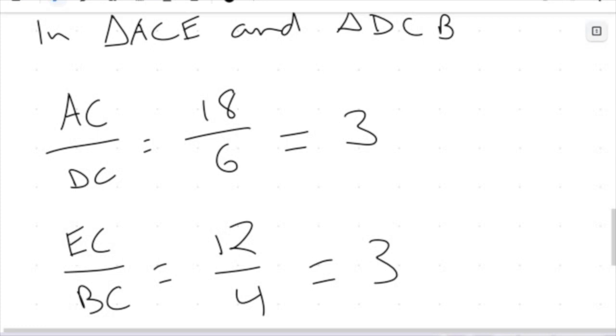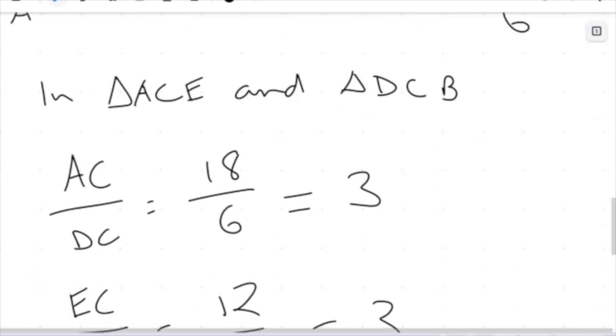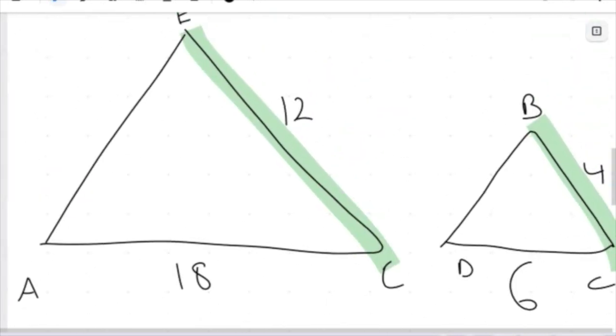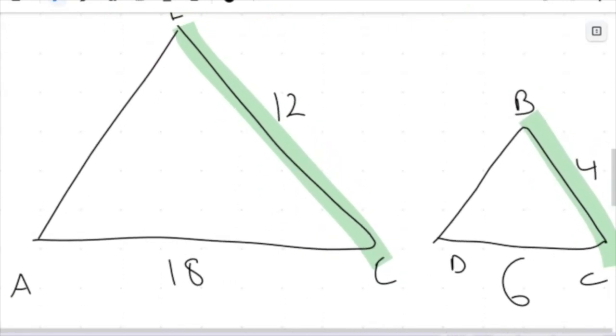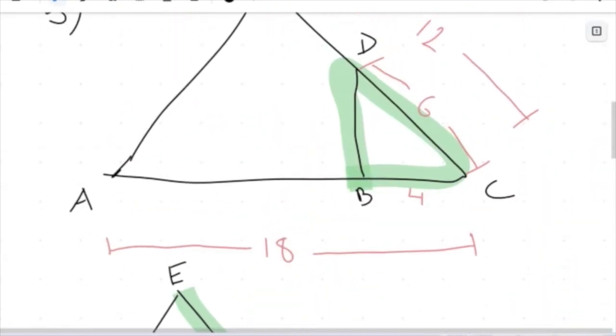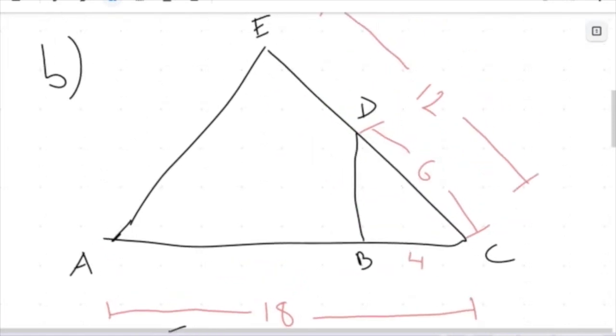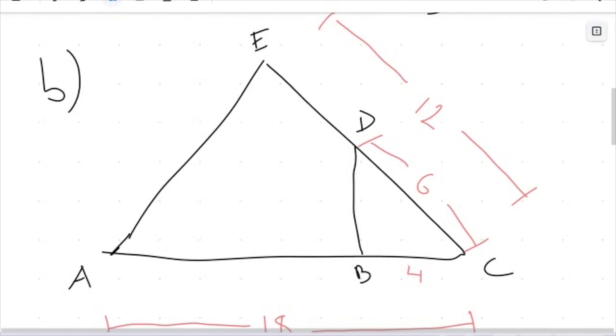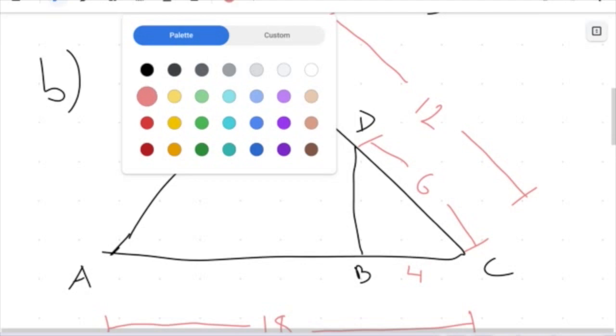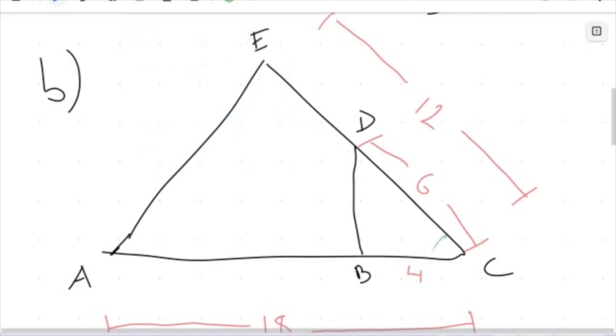So I have two corresponding sides which have the same scale factor, and I need one more piece of information. Now it's a bit harder to see with this second image, so I'm going to go back to my first one, and if you notice here, I actually have a common angle, because this angle here, this vertex, is an angle in both my larger triangle and my smaller triangle.